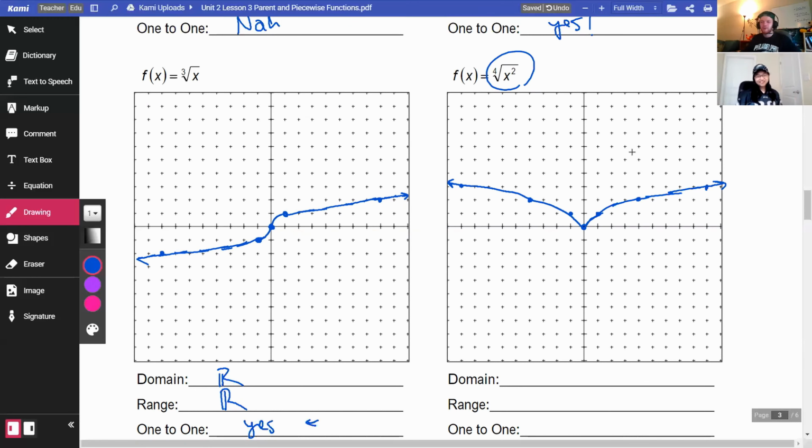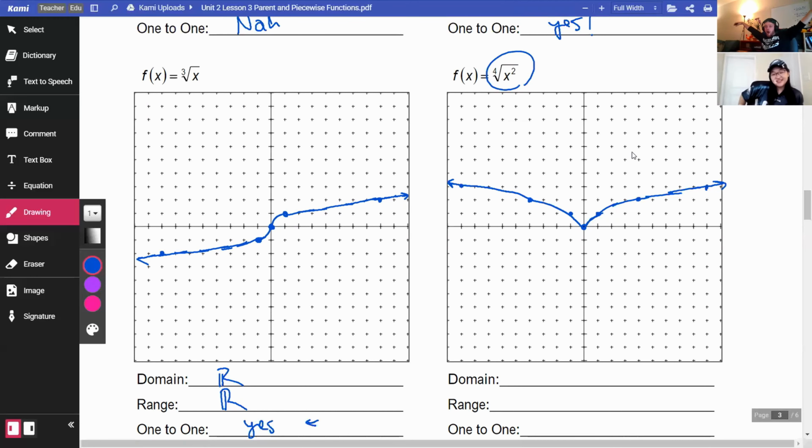Good. All right. So we got the eagle function here, the fourth root of x squared. I call it the eagle function because it looks like one of those birds that you draw on a painting, with infinitely long wings. Domain and range, and is it 1 to 1?